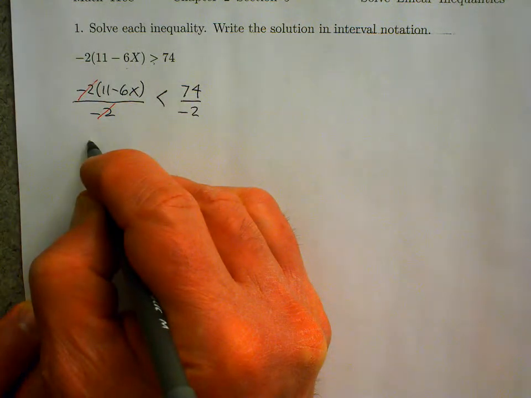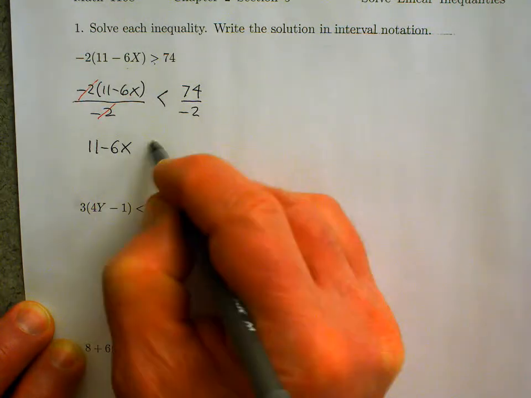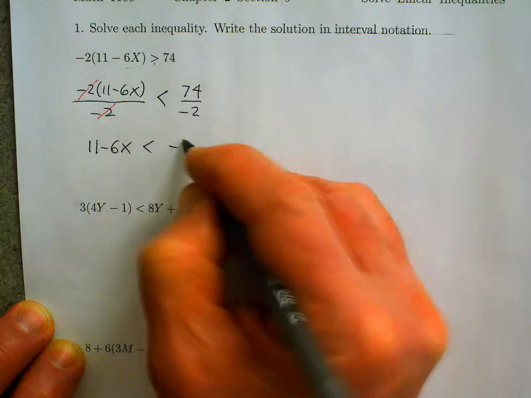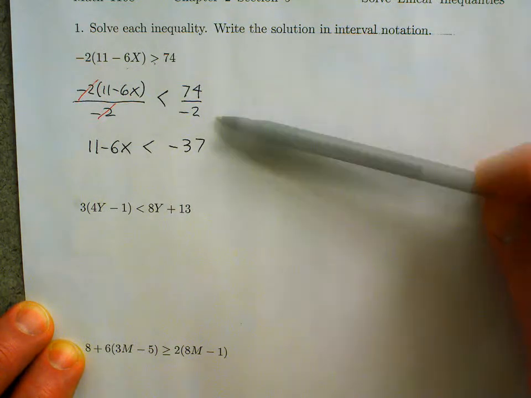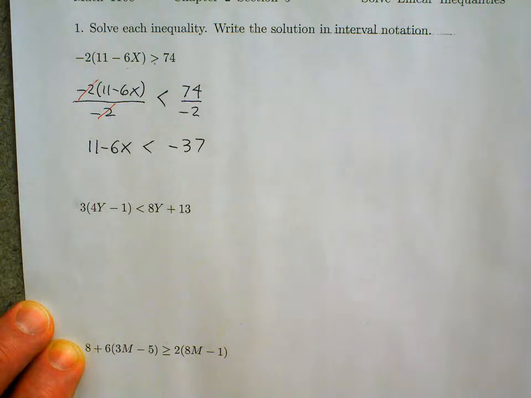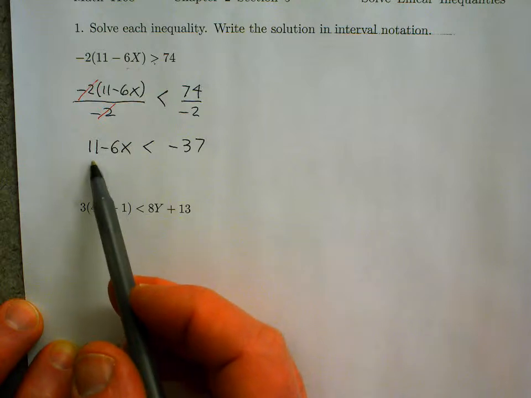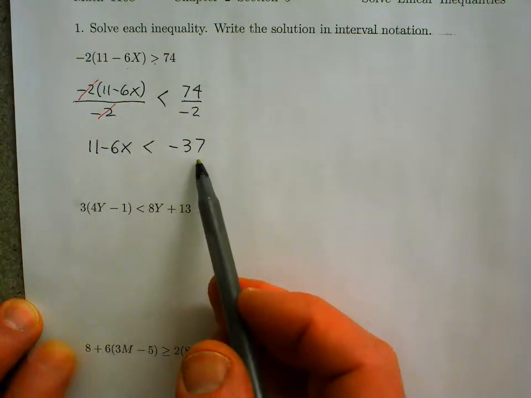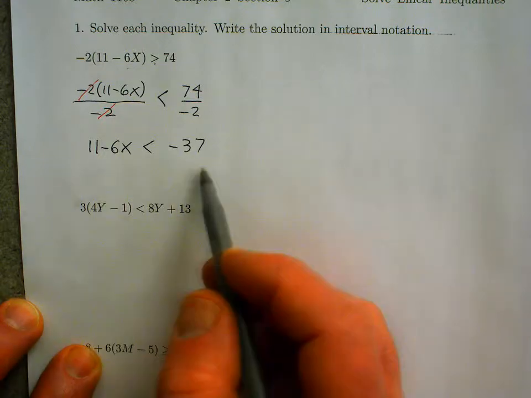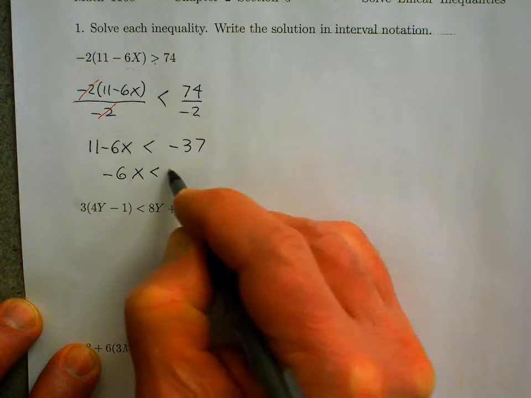So now on the left-hand side, we can write 11 minus 6x is less than negative 37 because 74 divided by negative 2 is negative 37. Okay, then we can proceed. We can subtract 11 from both sides. When we subtract 11 from both sides, we get negative 6x is less than negative 48.